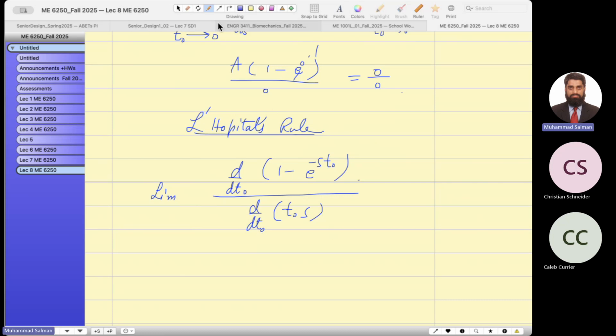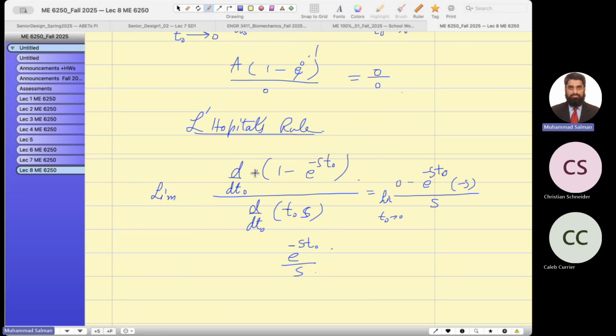What is the derivative of the numerator? So negative negative becomes positive: e to the negative s t naught over s times a.